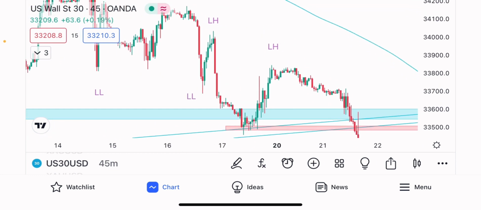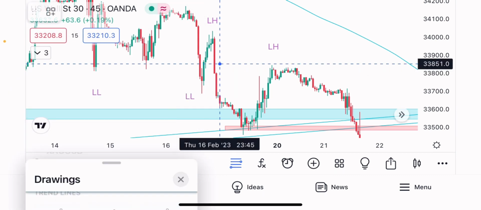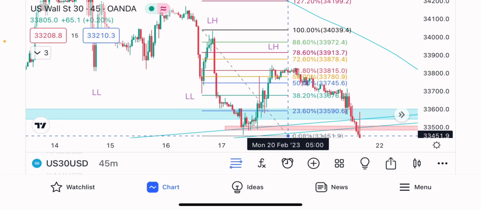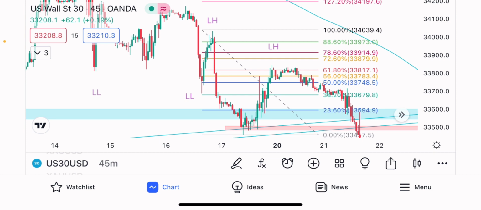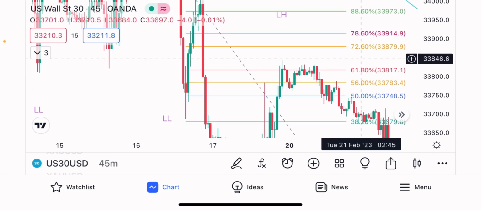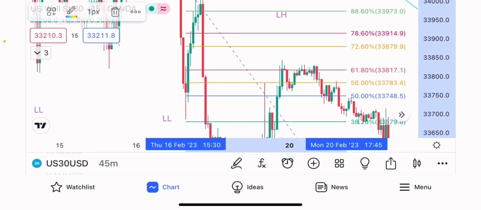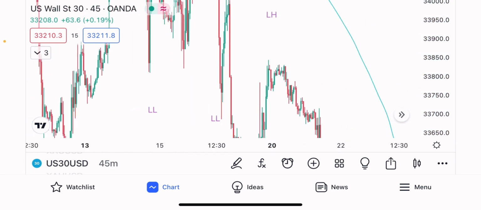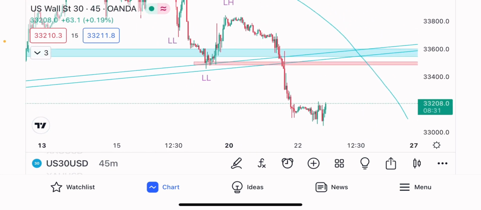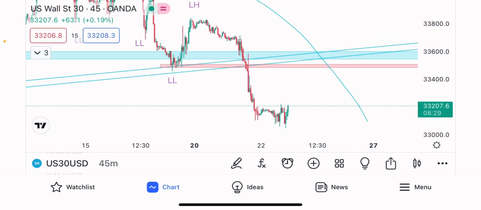Currently in the market, when I drew the fib from the lower high to the lower low, you see that price is on 61% retracement.